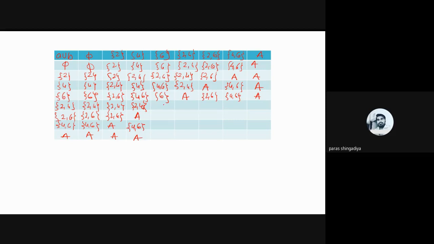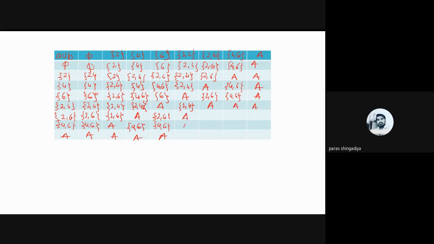Okay, and use this value here. And now 2 4 with 2 4, so the answer is 2 4. 2 4 with 2 6, so it will be 2 4 6. Okay, 2 is common, 4 and 6 consider one time, so it will be 2 4 6, which becomes A. That is also 2 4 6, that is also A, and 2 4 union A is A itself.